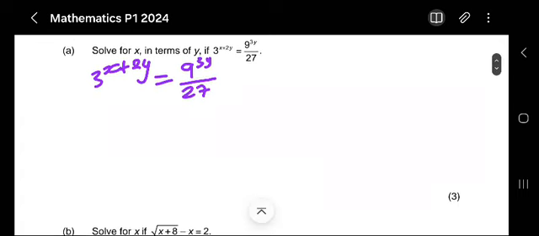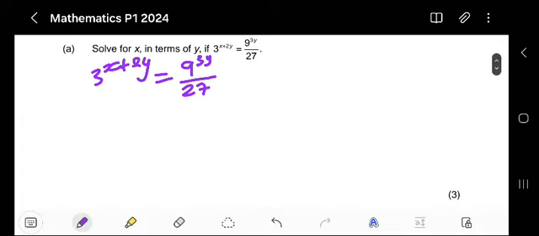So here we'll apply just the laws of exponents. This side we still have this there so far. The other side you can change 9. 9 is the same as 3 squared raised to that, then you multiply by 3y.